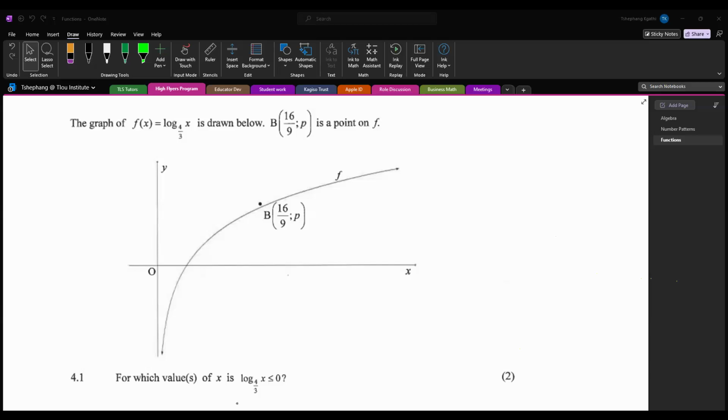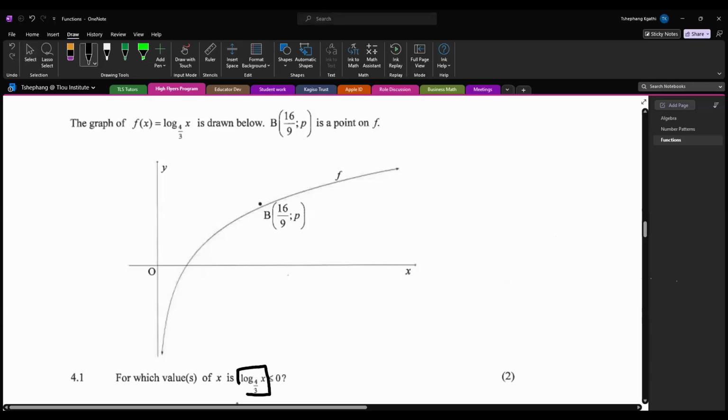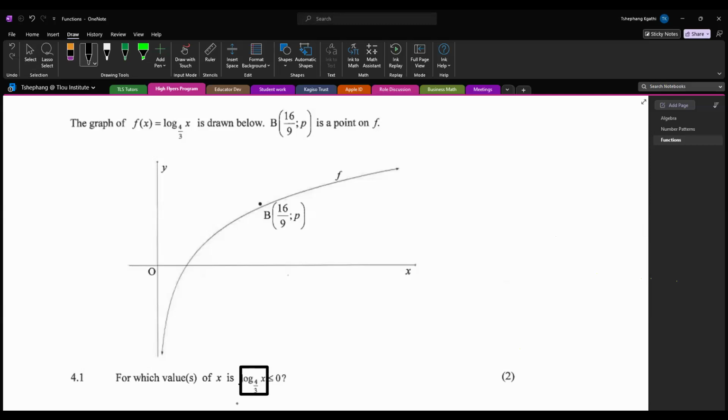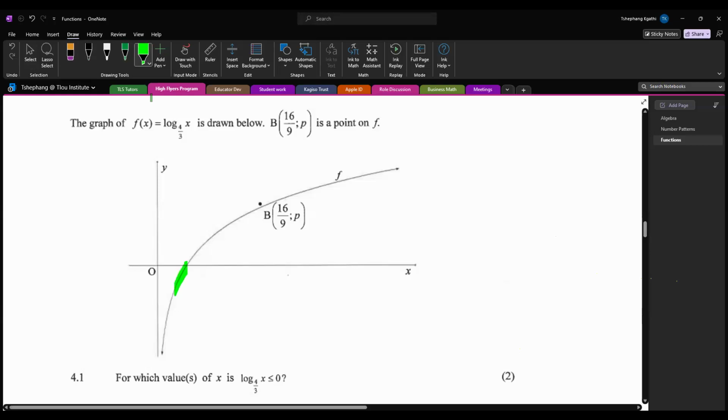So remember, this part means y. So where is our graph under the x-axis? And what is that region? Let me highlight it. It's that part coming down.